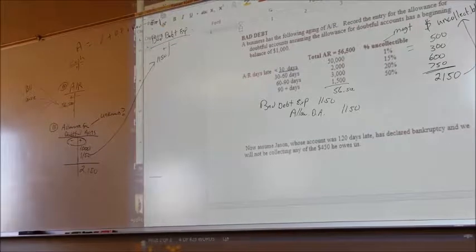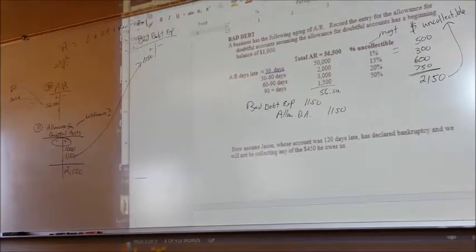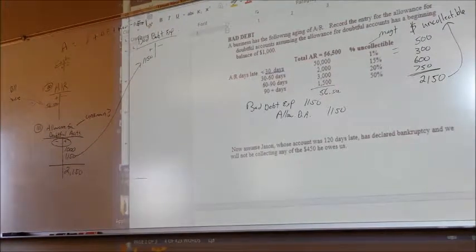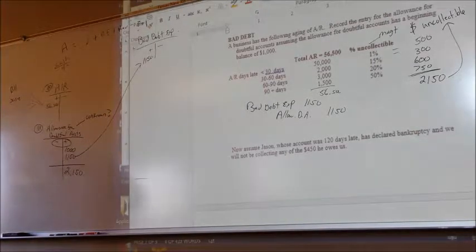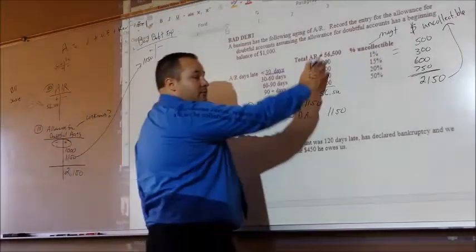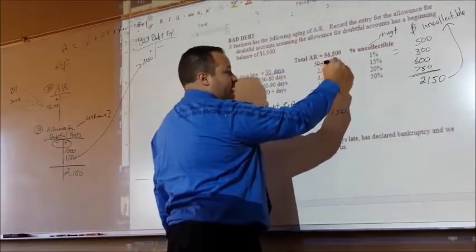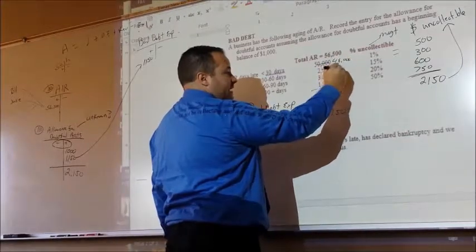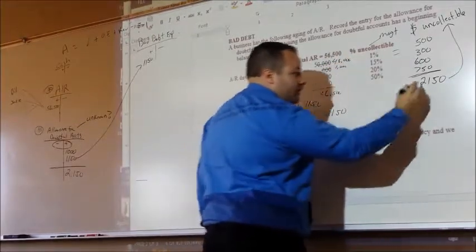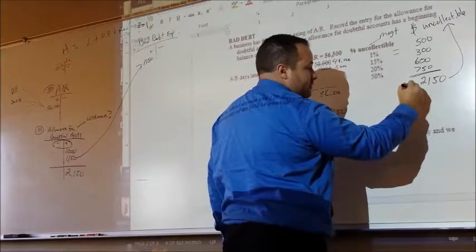So, I have a question. If that equals 2,150, where was the 1,000 at to begin with? I know that was the beginning balance, but all those right there add up to 2,150. Right. Last month, all these numbers were different. Last month, this was 48,000, and this was 1,000. And when I added them all together, they equaled $1,000.